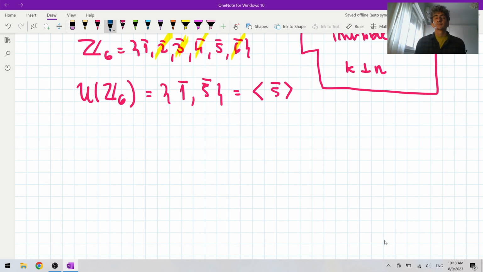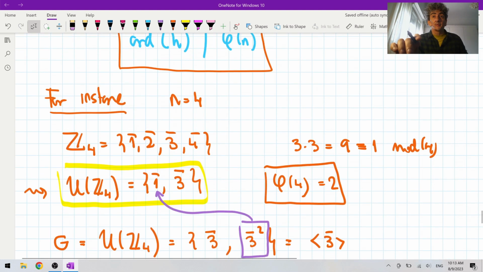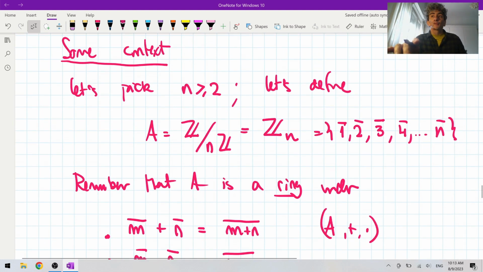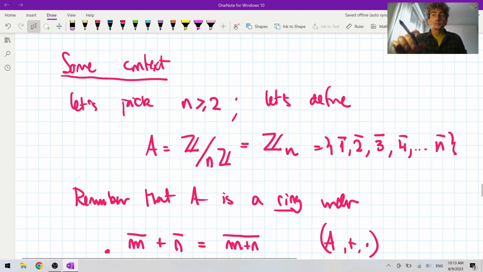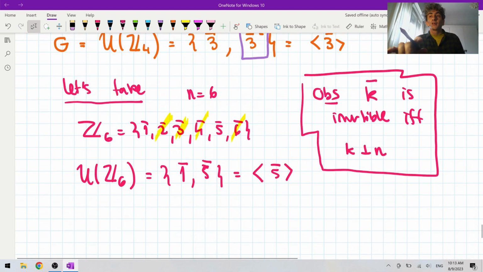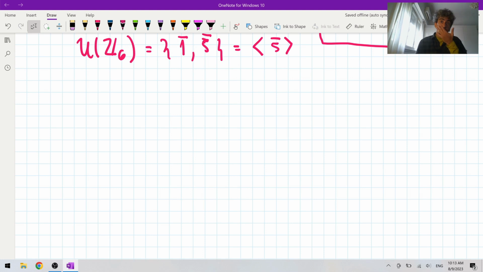Now we will see that the order of an element and the interaction with the order of the group, in this context that we're talking about this ring, gives actually a very well-known and important result in elementary number theory, which is called Fermat's little theorem.